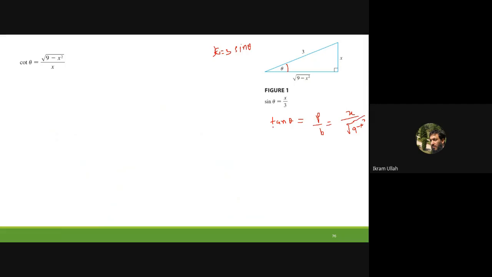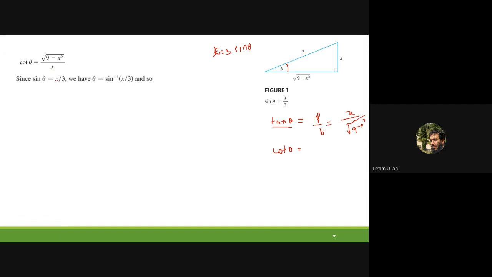Tangent and cotangent are reciprocals of each other. So cotangent theta is equal to base divided by perpendicular, which is the square root of 9 minus x square divided by x.